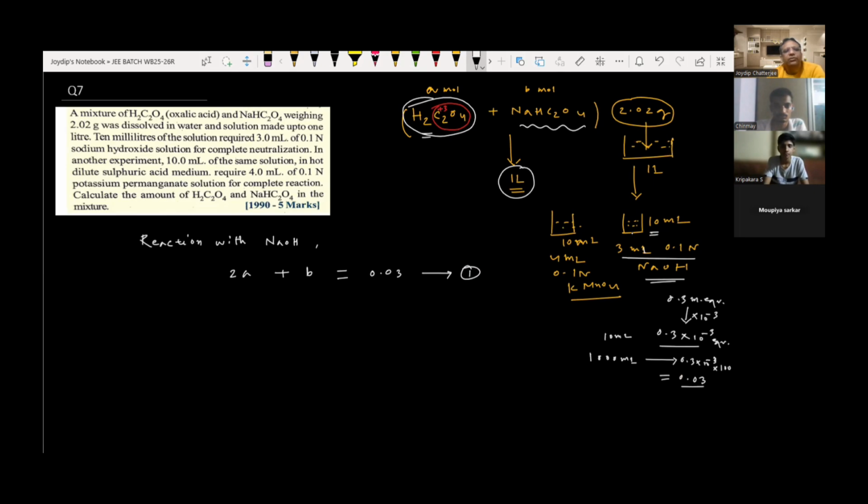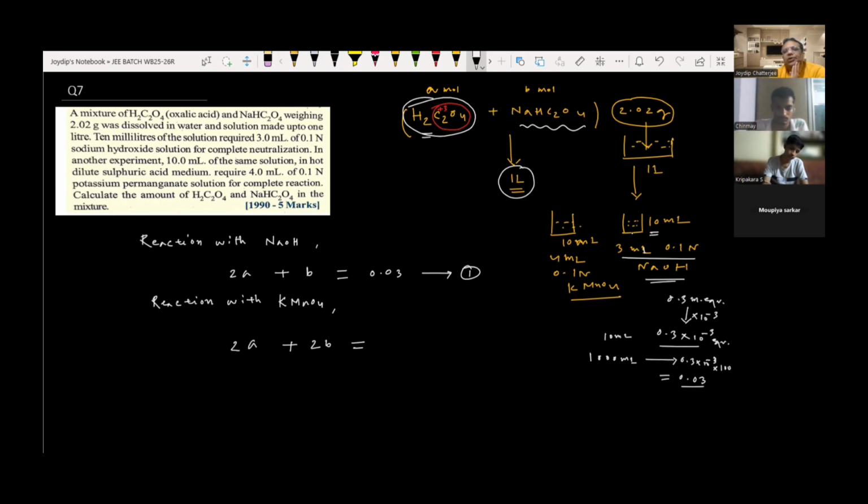Now, if we consider reaction with KMnO4, here the N factor is 2, so the number of equivalents is 2 into A. Here it will be again 2B.